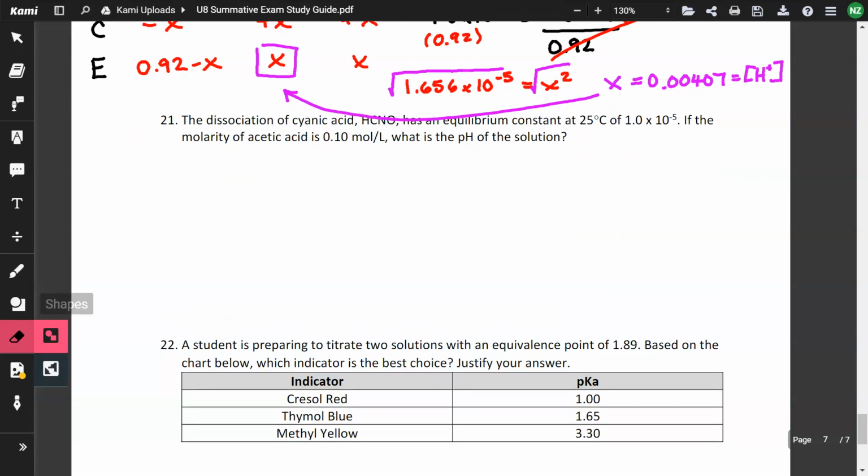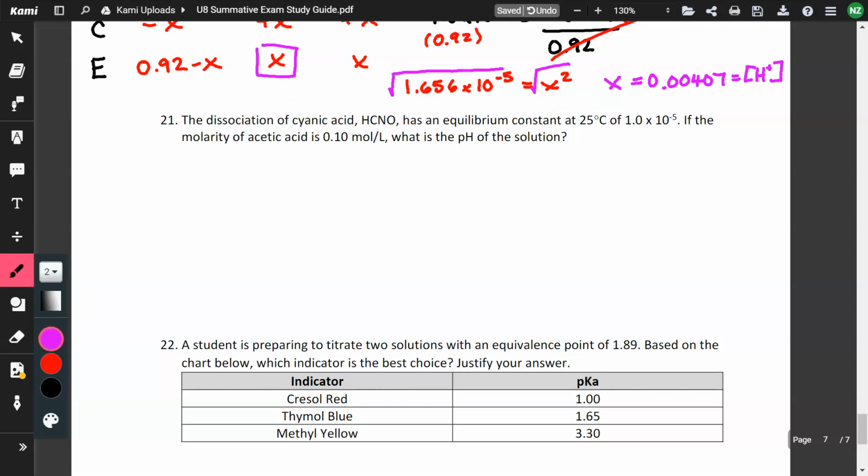So the next one is exactly the same thing. So it's asking us to find the pH, and it gives us the equilibrium constant. I don't care that it's at 25 degrees. And it gives us the molarity of our acetic acid. That should probably say cyanic acid. Interesting.